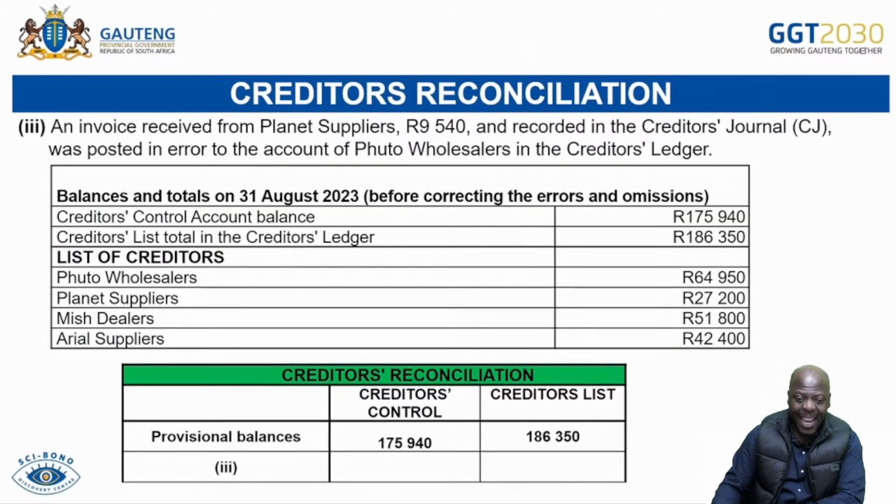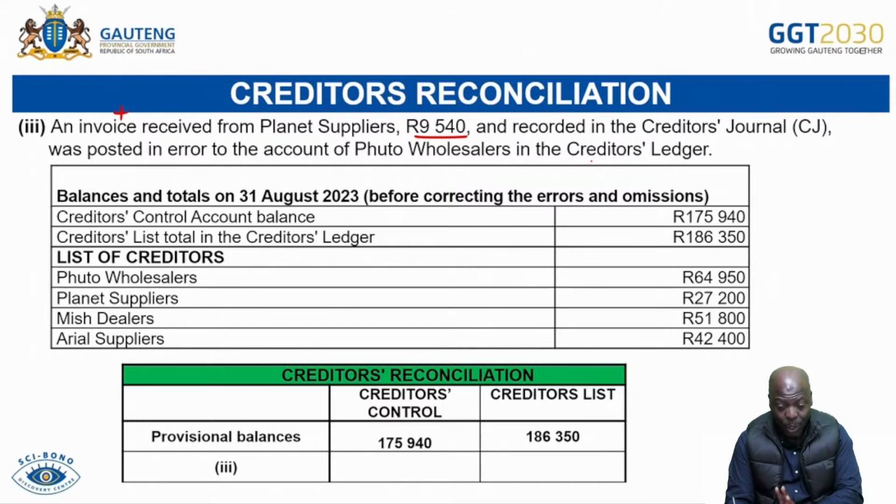It reads, an invoice. I know my invoice is a plus. An invoice received from Planet Suppliers, 9540, and recorded in the CJ was posted in error to the account of Puto Sellers in the creditors ledger. Okay, so we can see here there's no total, so that means there is no error here in the control.